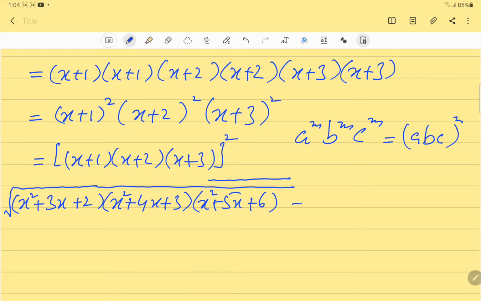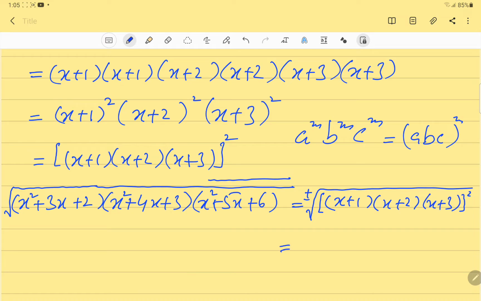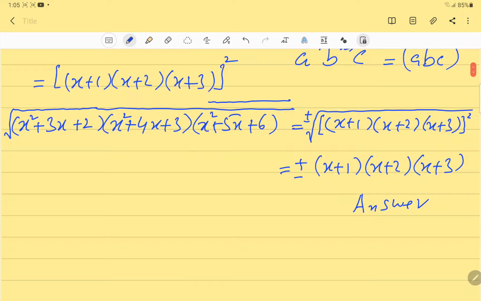The square root of this is equal to x plus 1, x plus 2, x plus 3 whole squared, and then square root of this, and plus minus. So the square root cancels with the square, so we are left with plus minus x plus 1, x plus 2, and x plus 3, which is the answer of this question.